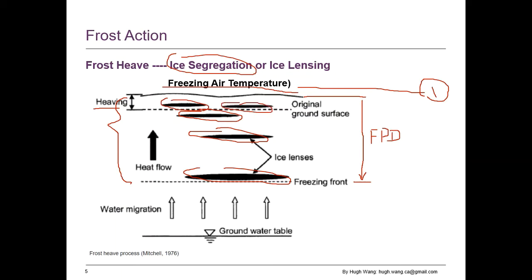The third factor is the groundwater table. In order for the ice lens to continue to grow, there needs to be moisture migrating toward the freezing front.